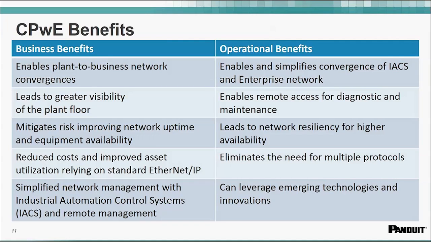This simplifies network management. Operations benefit by having secure remote access for troubleshooting, reducing downtime. A CPWE architecture leads to greater network resiliency, minimizing downtime. Having a CPWE architecture will also lead a path for IoT deployment, achieving greater capabilities.